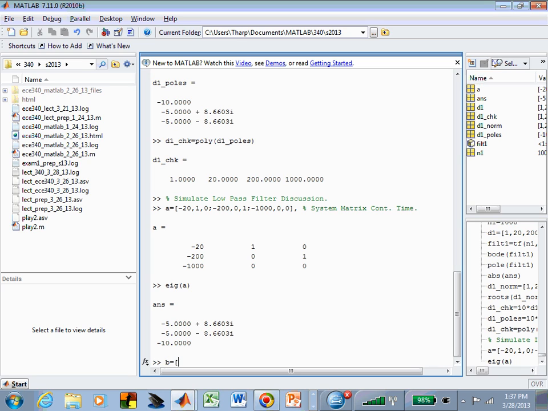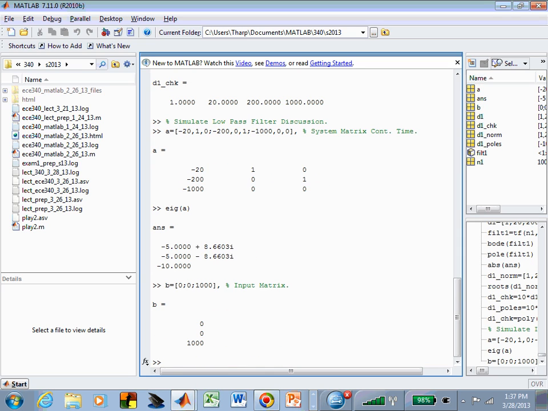We can find the input matrix B. That was 0 semicolon 0 semicolon 1,000. There's our input matrix for the continuous time system. We had our output matrix C, which was 1 comma 0 0.